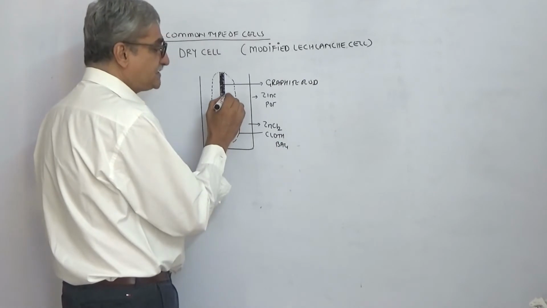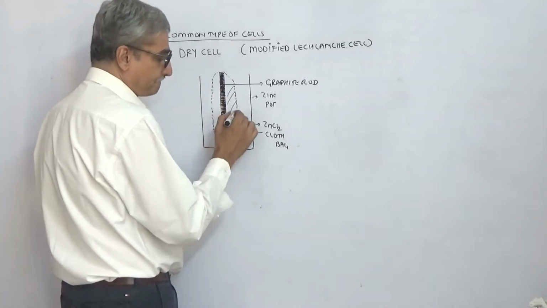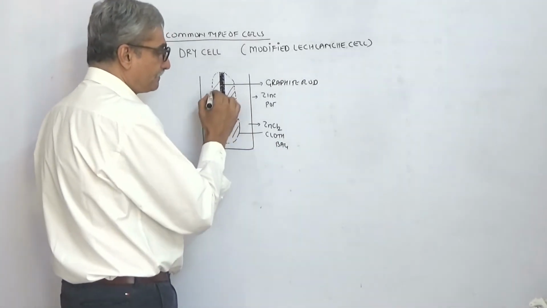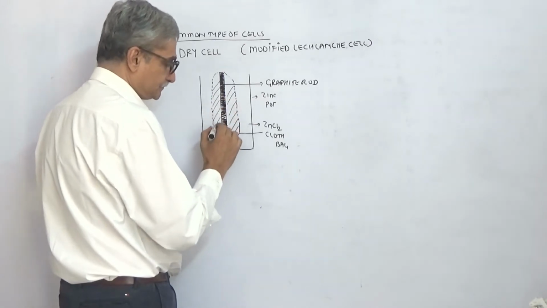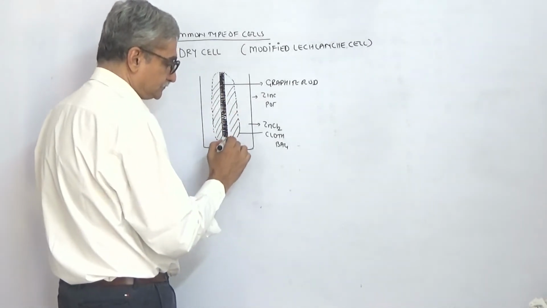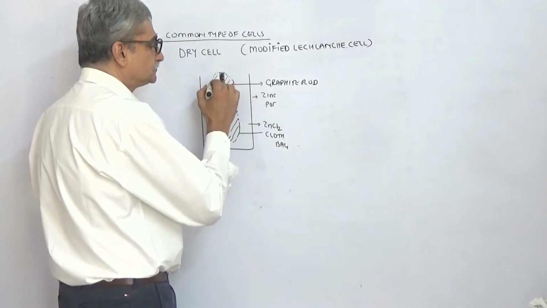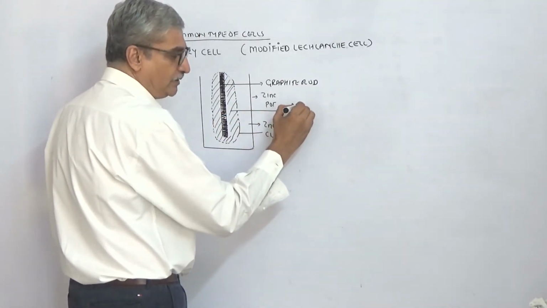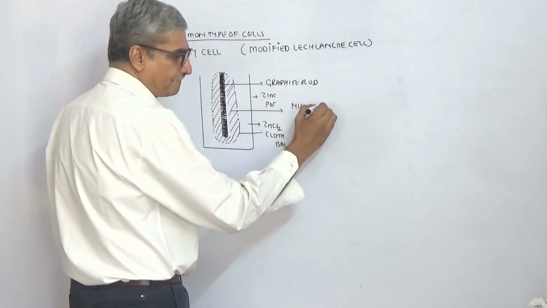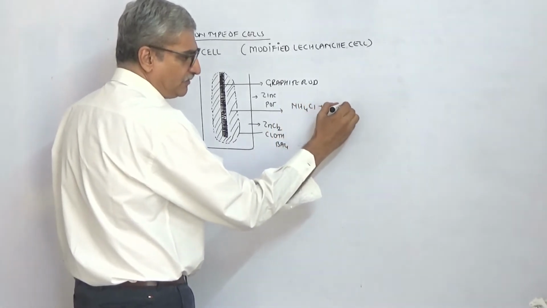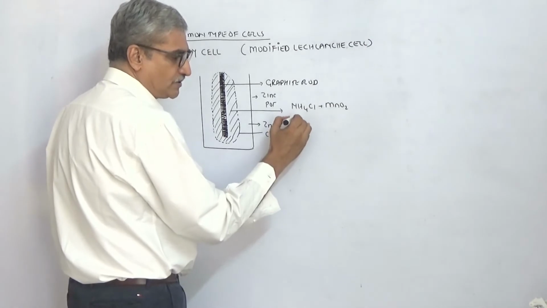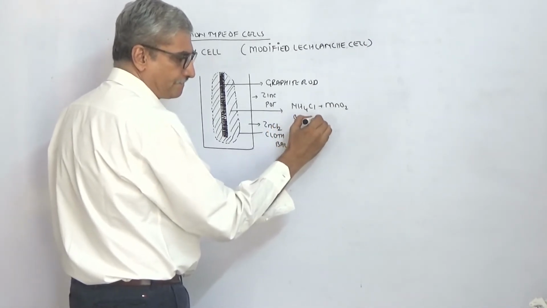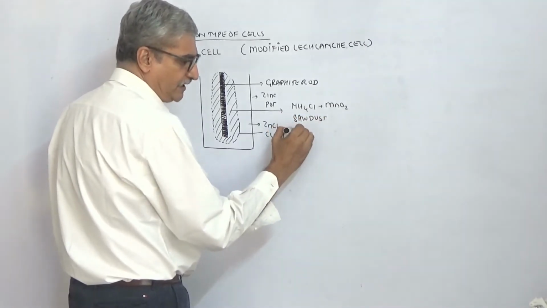And what is there inside the cloth bag? Inside the cloth bag, we have ammonium chloride, manganese dioxide, sawdust, and graphite powder.